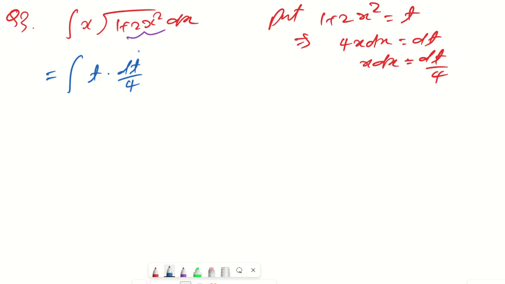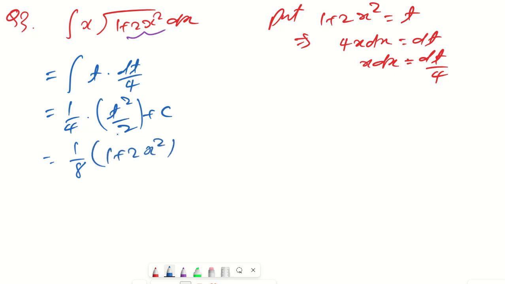Now this is very simple. 1 by 4 into integration of t is t square by 2 plus some constant c. So this becomes 1 by 8, and t square can be written as (1 plus 2x square) whole square plus c. So this was also a very simple question that we have substituted.